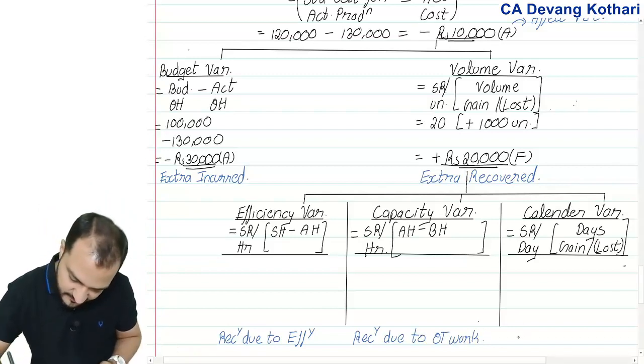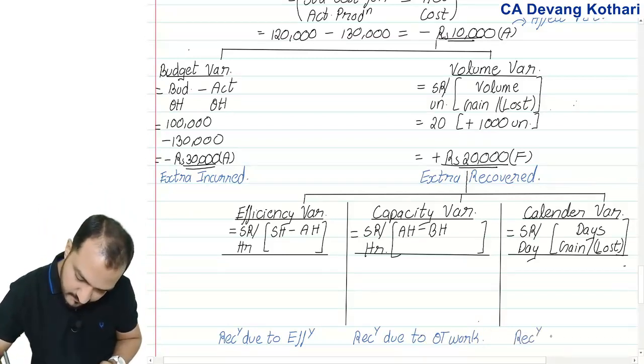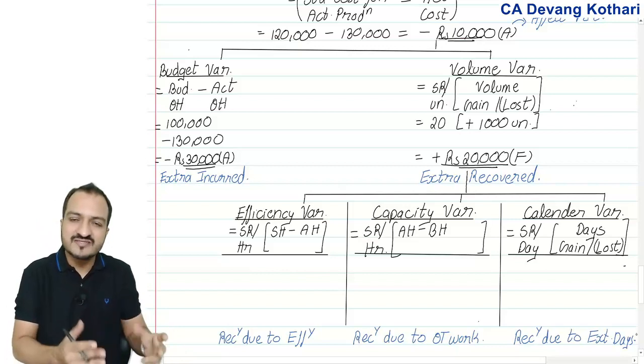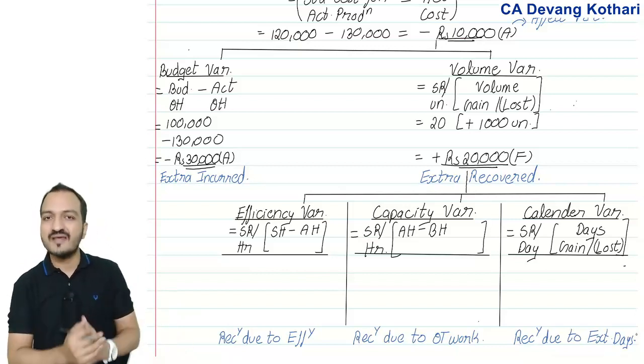And calendar variance means extra recovery due to extra days worked. You work for more days, then you get more units, and because you got more units, you got more recovery, right?